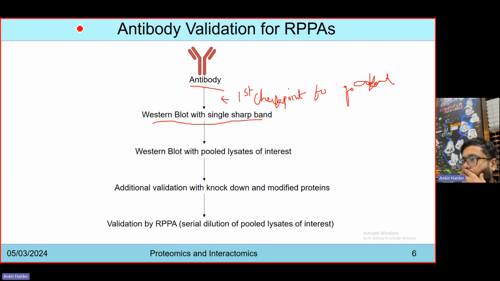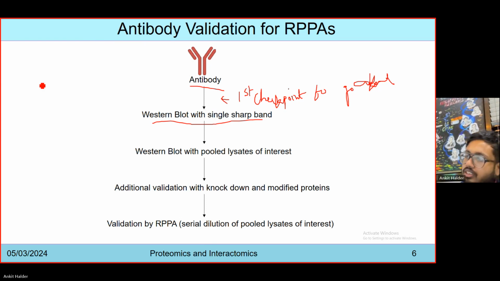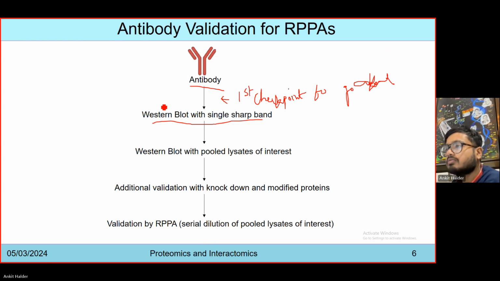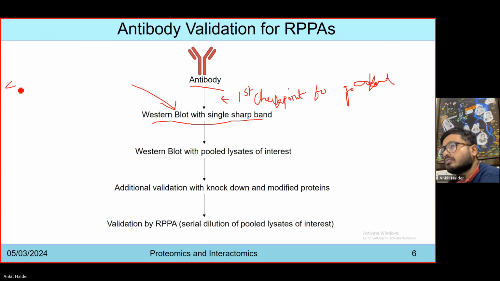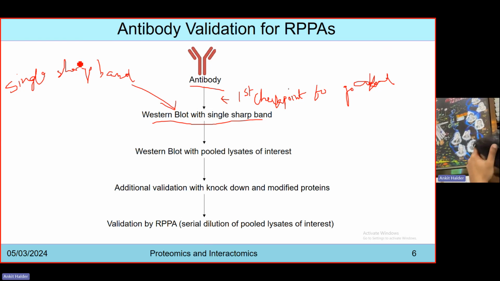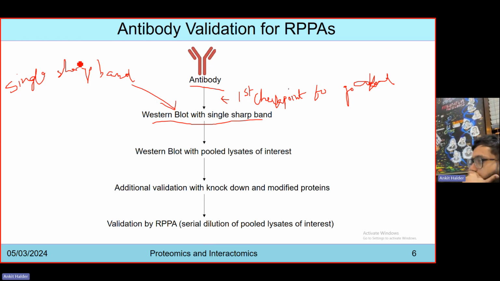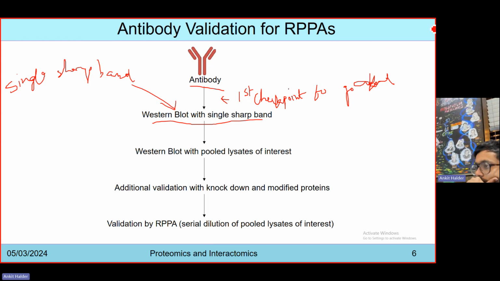If and only when a single sharp band is visible for that particular protein of the said antibody, then only is it given a go-ahead for the second round of validation.